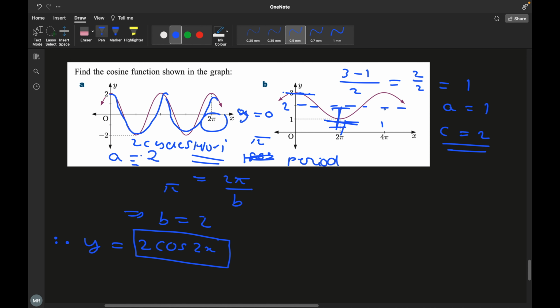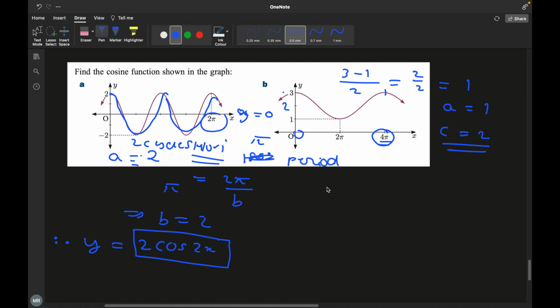Now we have to find the period. We can see that it completes the cycle between 0 and 4 pi. So it takes 4 pi units to finish one full cycle.